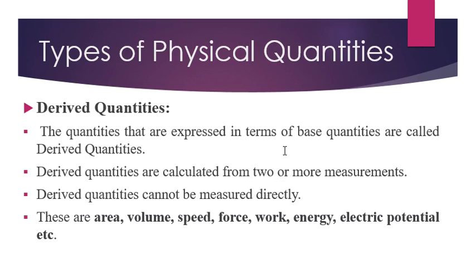Once you have the value of the base quantities, you can calculate the derived quantities. Some examples of derived quantities are area of any shape, volume, speed, force, work, energy, electric potential. These topics we will discuss in later lectures.